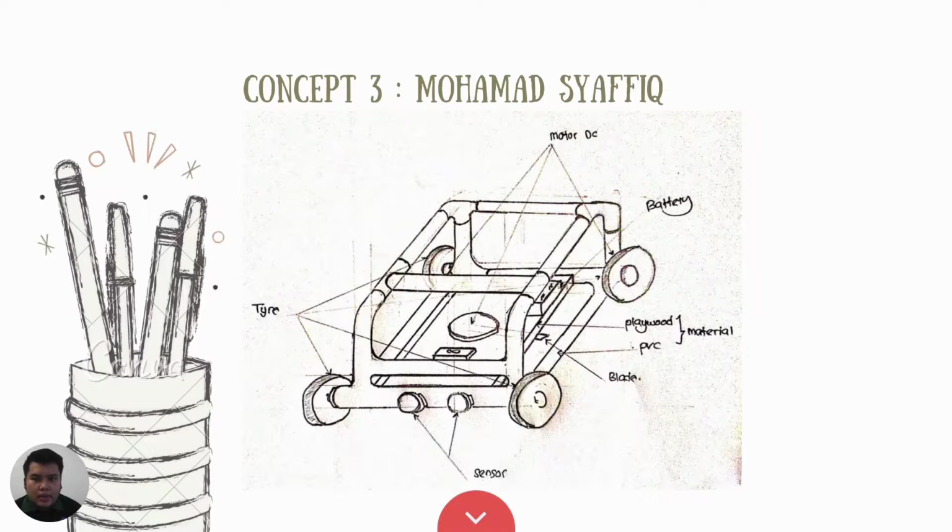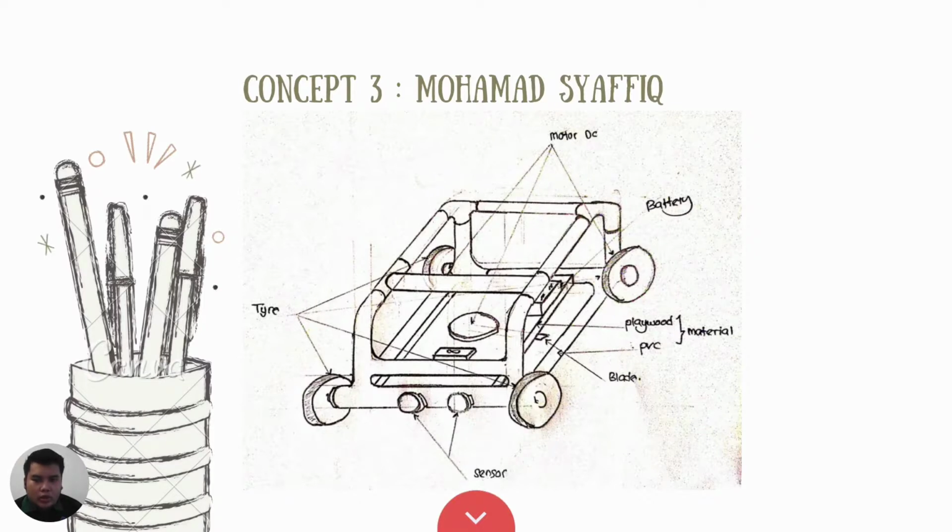My design has been augmented with a safety system on the front of the lawnmower using sensors. If there is any solid object in front of the lawnmower while operating, the lawnmower will automatically stop working to maintain safety and prevent any accidents.